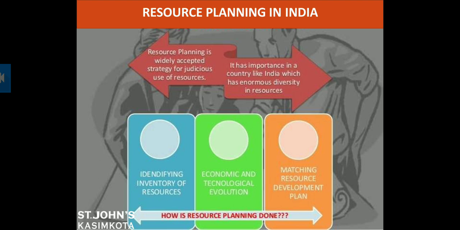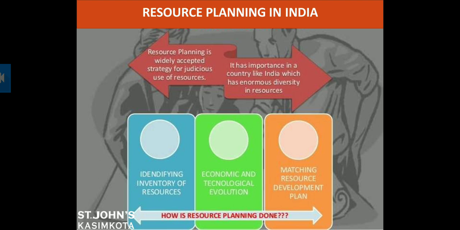The cold desert of Ladakh is relatively isolated from the rest of the country. It has very rich cultural heritage, but it is deficient in water, infrastructure and some vital minerals. This calls for balanced resource planning at national, state, regional and local levels.